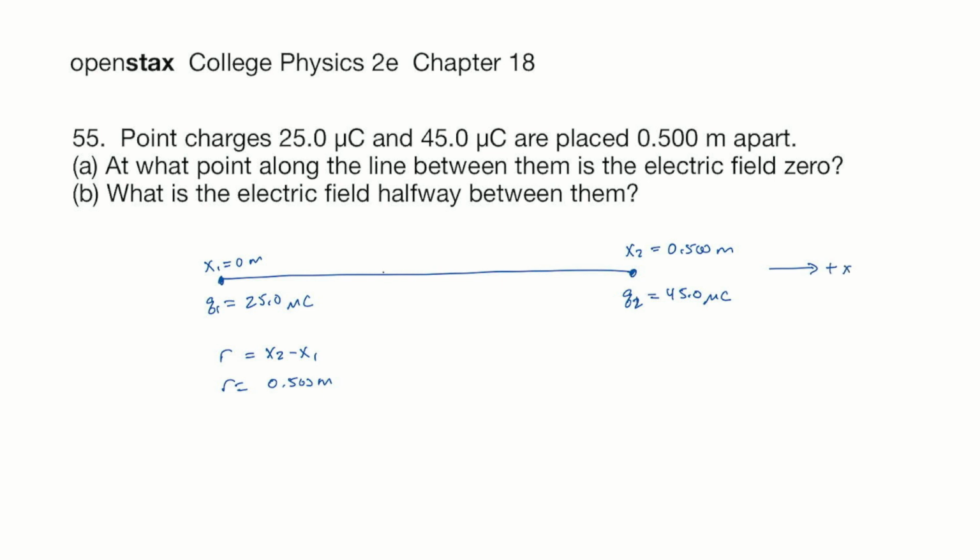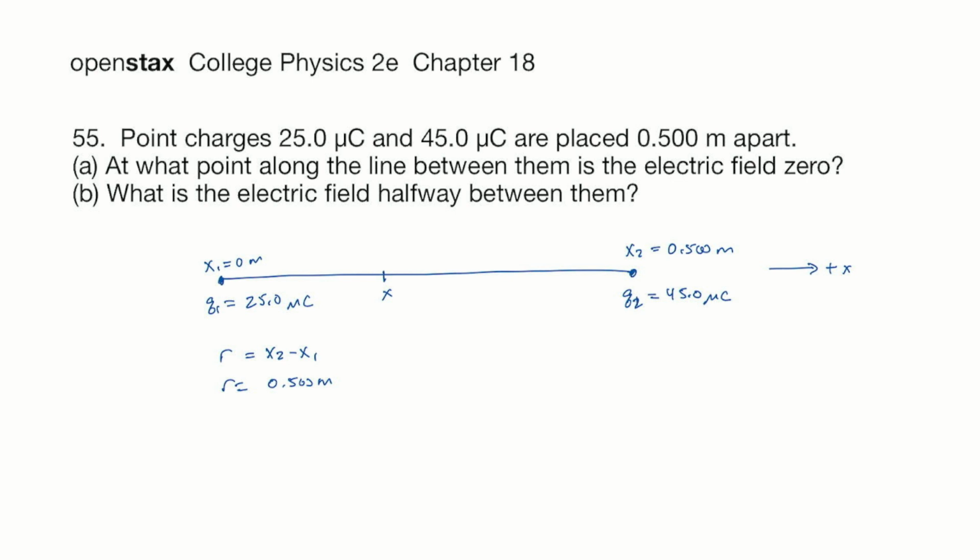Okay, we're just going to pick some random spot X, and we're just guessing that this is where the electric field between these two charges is 0. That's what we're going to be solving for. So these are both positive charges. The electric field is away from the charge.